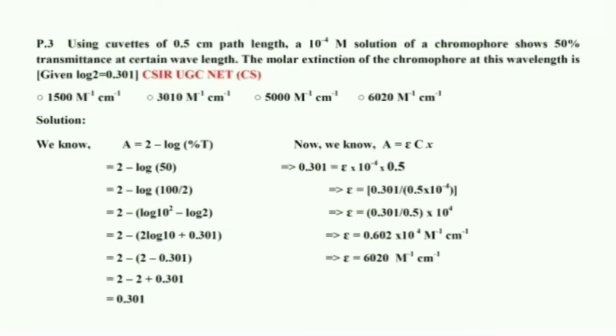Next we have another similar type of problem which was also asked in the CSIR UGC NET examination. The question is: using cuvettes of 0.5 cm path length, a 10 to the power minus 4 molar solution of a chromophore shows 50% transmittance at a certain wavelength. The molar extinction coefficient of the chromophore at this wavelength is to be found, and the value of log 2 is given as 0.301.